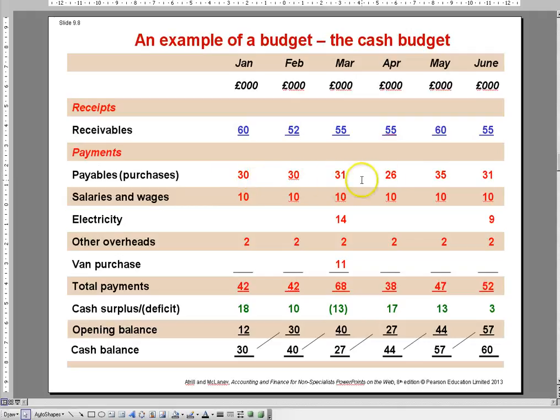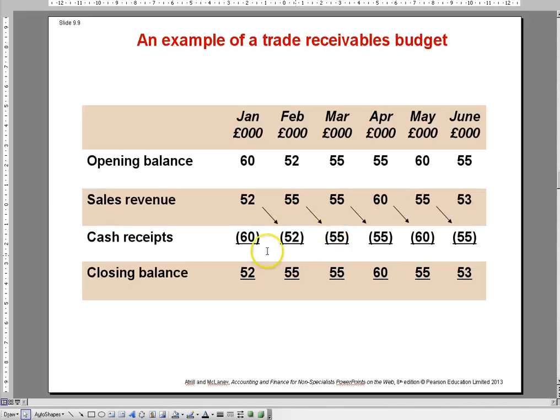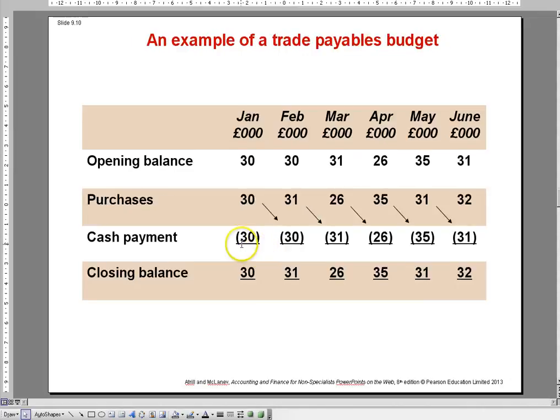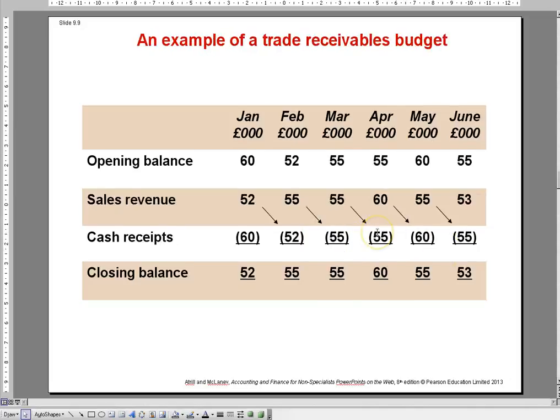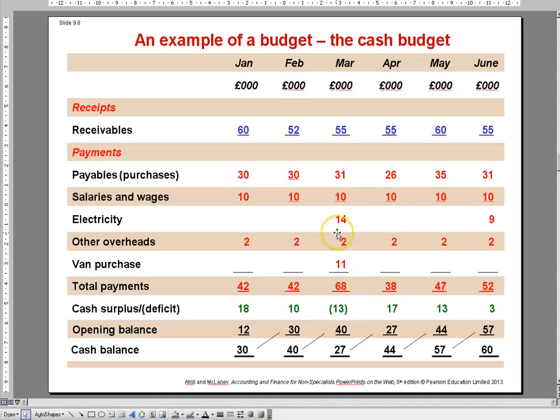So 30, 30, 31, 26 and 35 come out here, right? 35 and 31. So that's how we get our cash payments. We look at our purchases, we then make an assumption about when we're going to pay. We're going to pay a month later. So we can go back to our statement here.